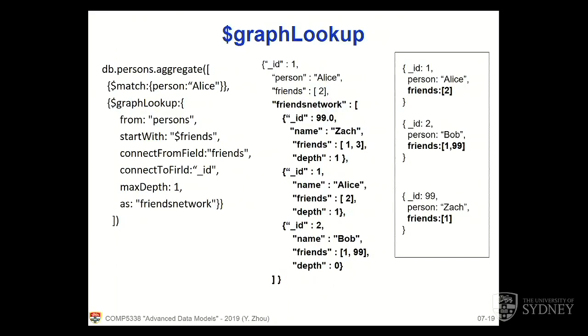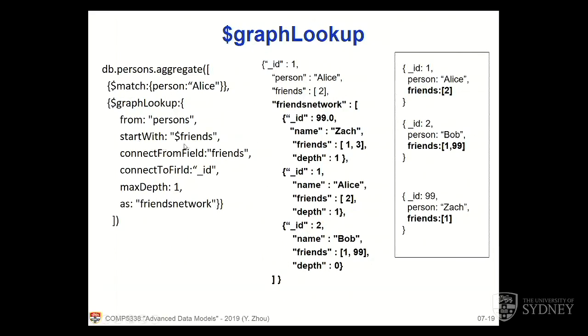The syntax and the way to do it is quite similar to the lookup, which means you're doing a join. So again, we need to do some kind of join. So here, if we want to find out Alice's friends, first we have a match stage to find Alice, and then we do a graph lookup.